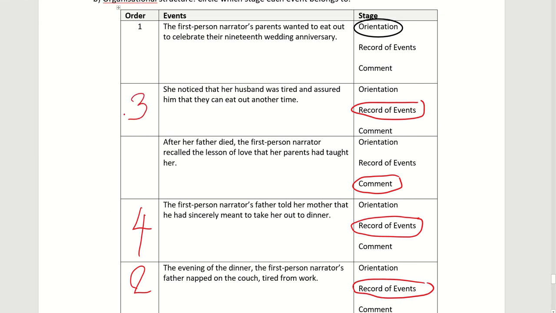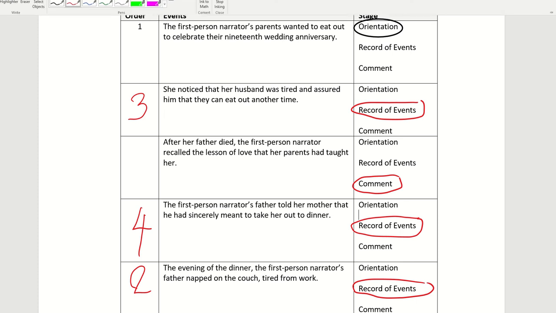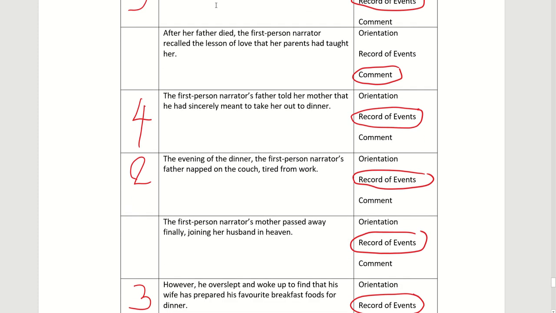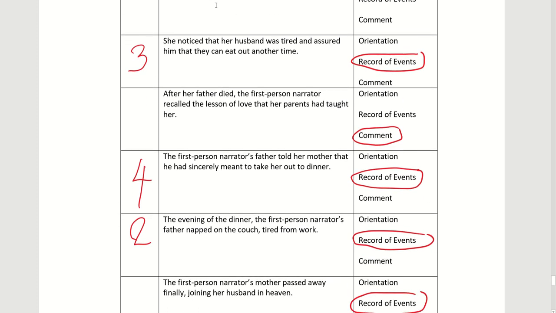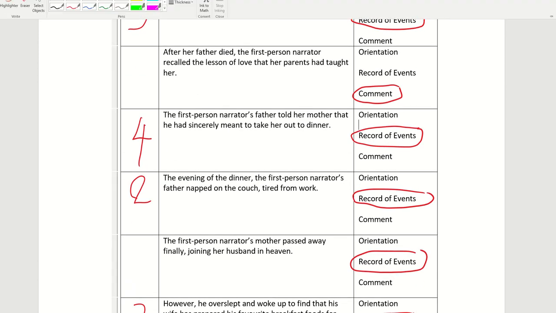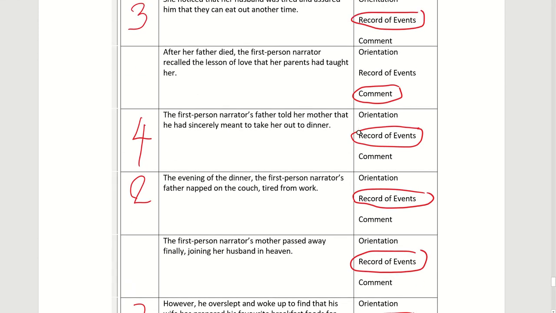She said that she noticed that her husband was tired, so that they can eat out another time. What's next? Passed away, finally joining her husband in heaven.